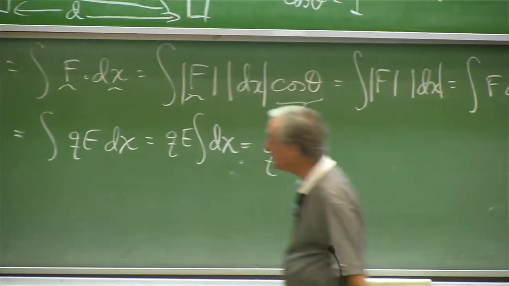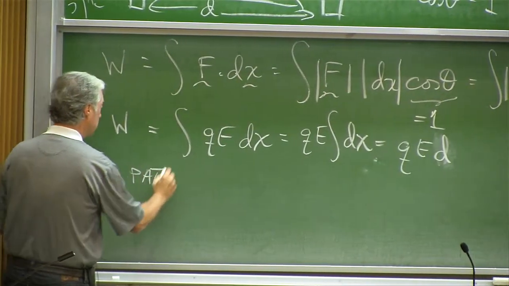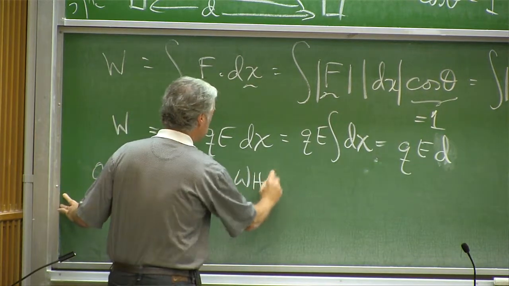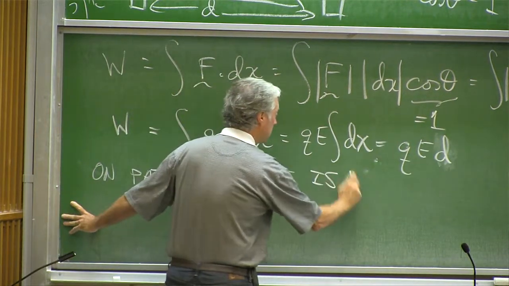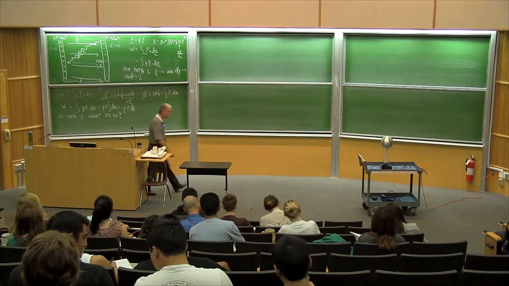On path 2, what's the work done on path 2?